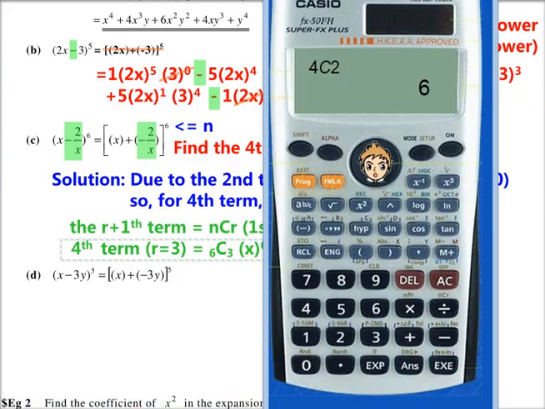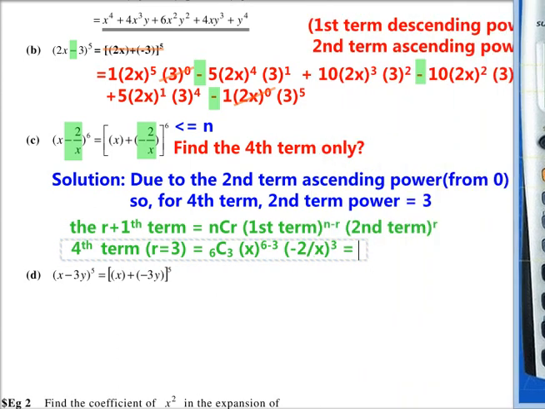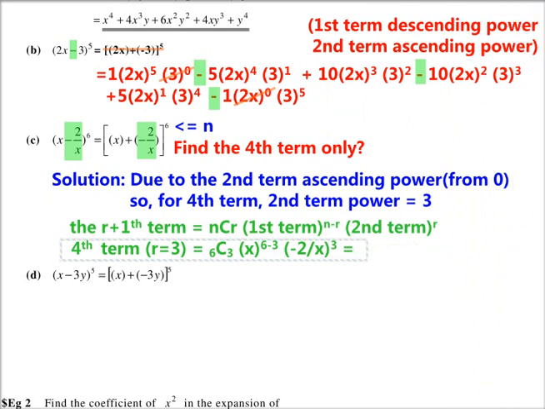Yeah, because it's 6C3, so we press the calculator 6C3 EXE, so we have 20. Okay, 20. So it should be 20 times x to the power 3. And then this one, negative 2 to the power 3.